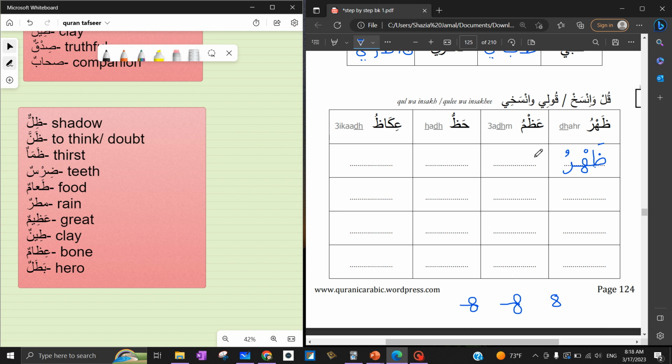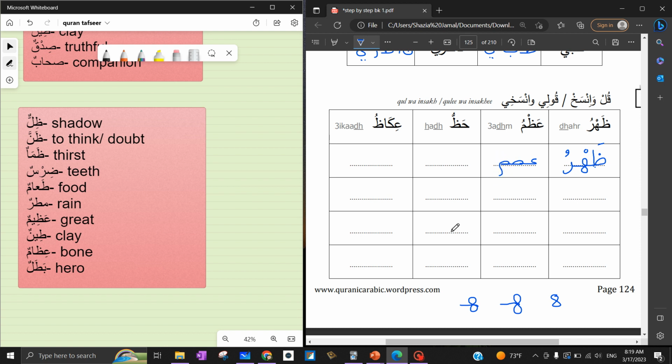Alim. Ain is made like this. Ain. Then continue with the Ta. And now Mim. Mim you will also learn in the coming lessons. So Mim, how are you going to write Mim? Continue with the tail. Come back.